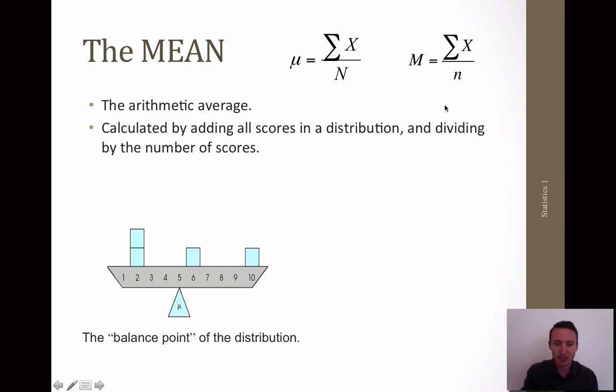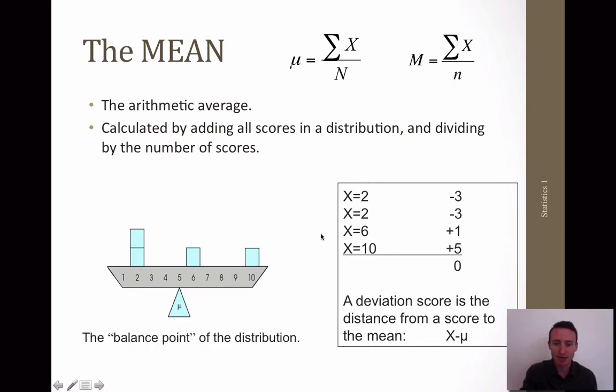So let's actually look at some numbers here. Here we have 4 X values, 4 scores: a 2, a 2, a 6, and a 10. Now let's first assume that they're a population. So this population has 4 scores, and to calculate the mean, which is mu, you add them all together and divide by the number of scores.